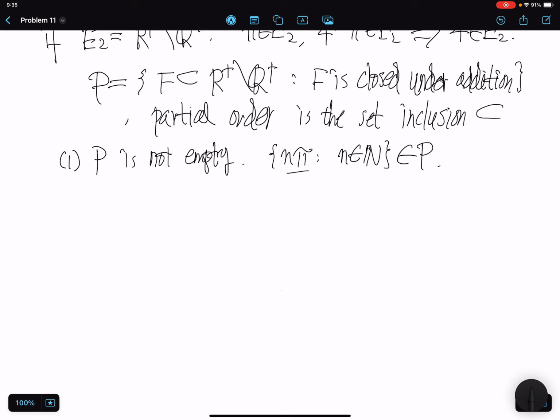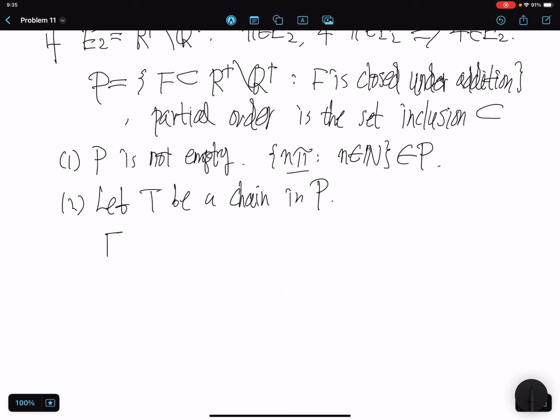Pi is an irrational number. And now the second, let T be a chain in P, meaning T is totally ordered by inclusion. And now how do we find the upper bound of T?